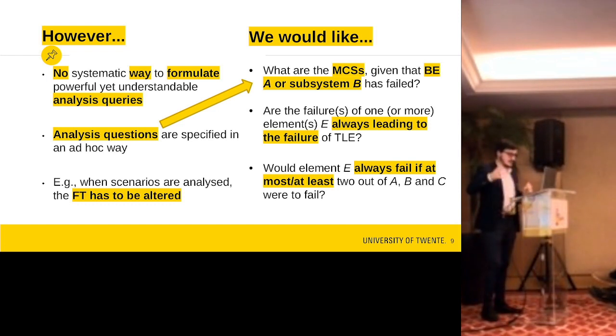We can ask if the failures of one or more elements always lead to the failure of the top level event. Or, would element E always fail if at most or at least some components were to fail? This gives more granularity to what we can actually do in qualitative analysis with respect to fault trees.